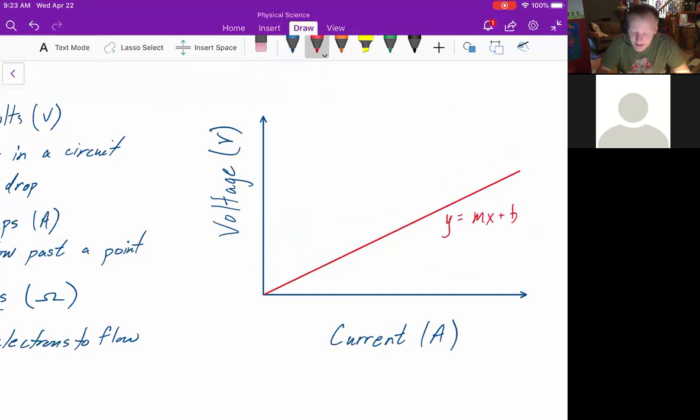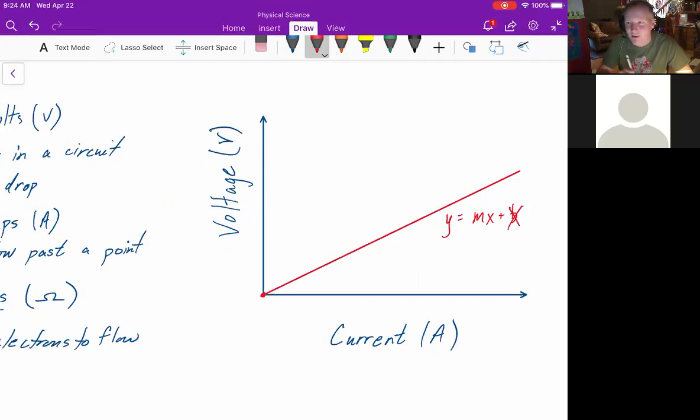But in this case, if we think about it logically, although our measurement might have been a slight bit off, and so our best fit curve might have a value of b here, if we don't have any voltage, we won't have any current either. So this actually should cross, using this as our model, right at the 0, which means we can actually ignore that b. Our data might show a little bit different, but when we're looking at a bigger picture, we can ignore that.